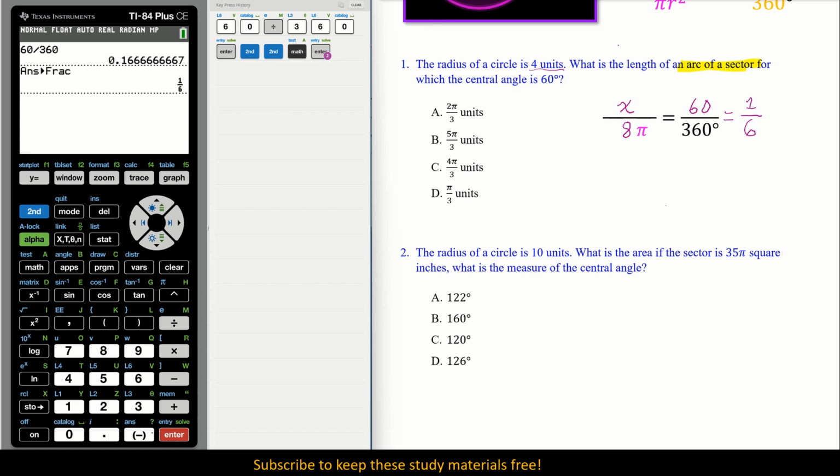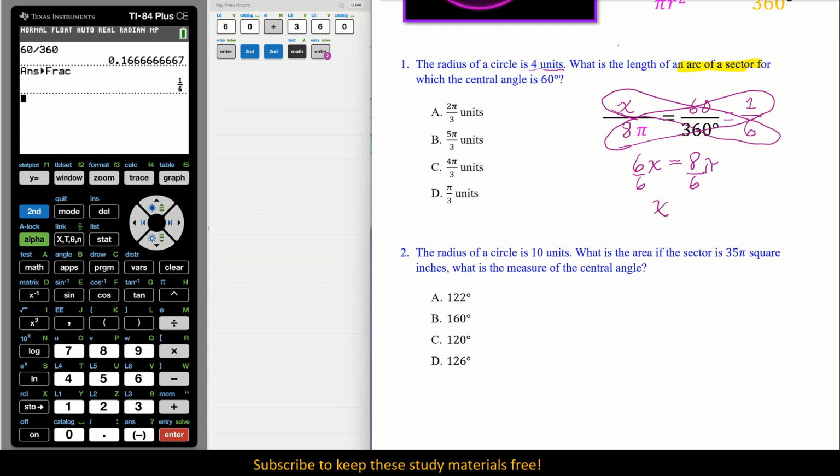So just basic algebra. 6x, remember we cross multiply like this. Remember that from middle school? So 6x equals 8 pi. Then we divide by the coefficient of 6.